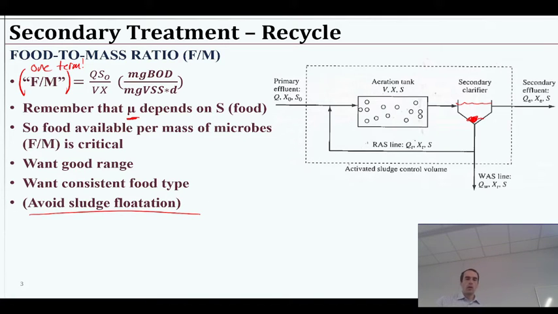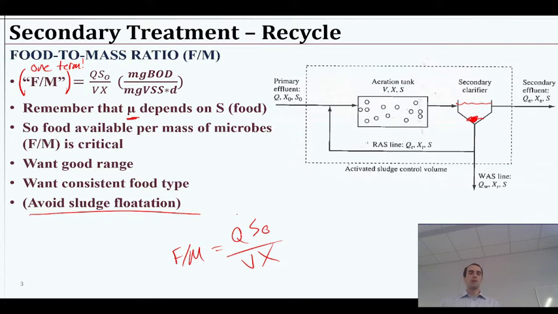Okay, so how do we control that? If we stop and think about it for a moment, the way to control this formula, so if F/M equals Q S naught divided by Vx, what can we control? Well, the flow rate is pretty much set, right? We have to treat a certain amount of water that just comes to the plant, right?